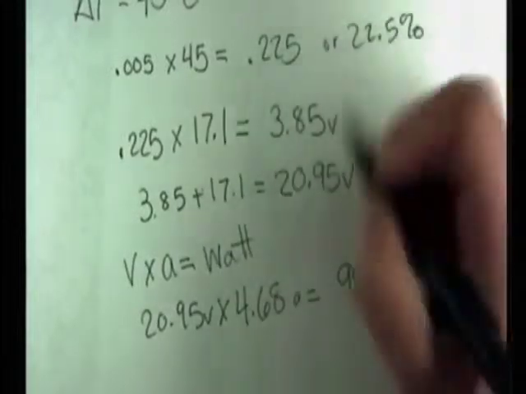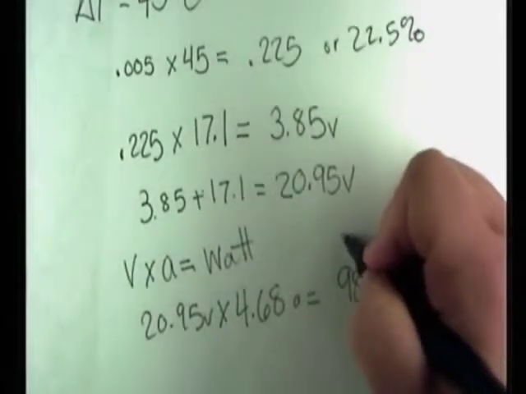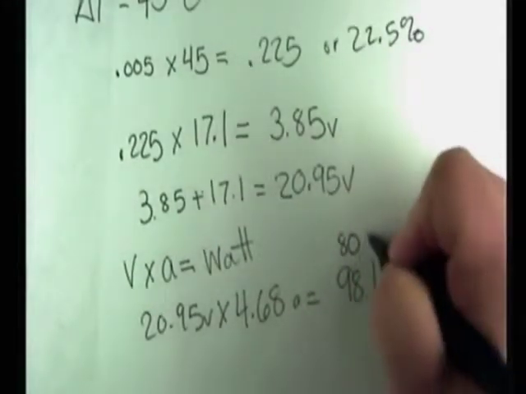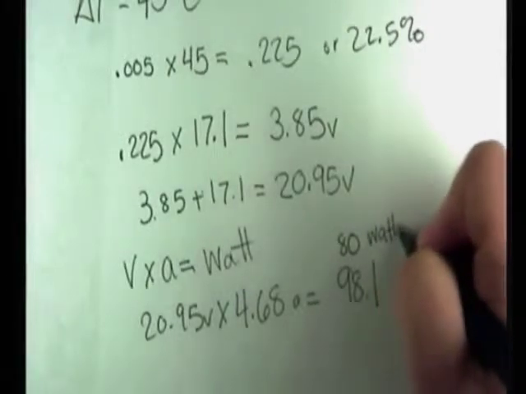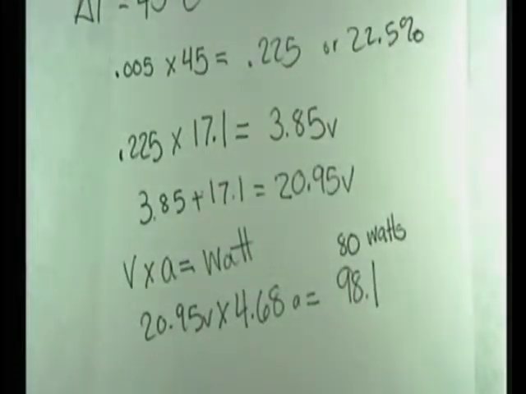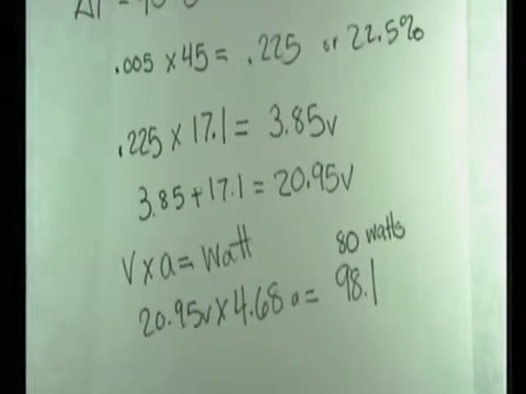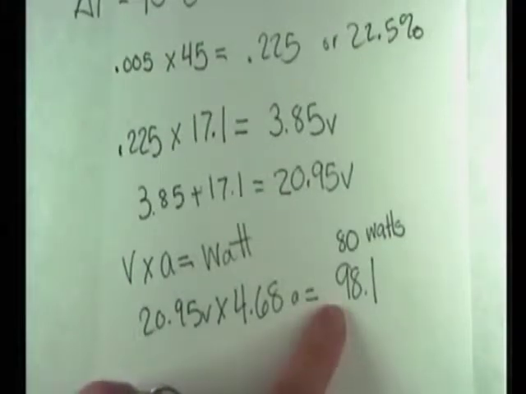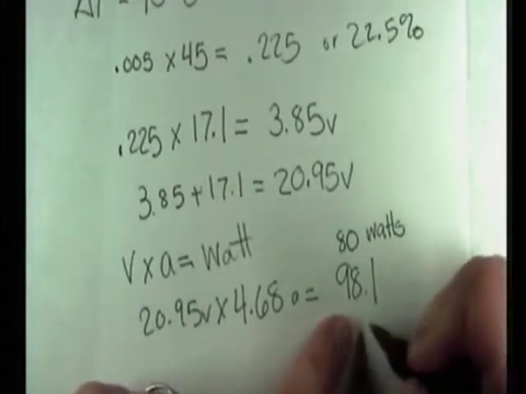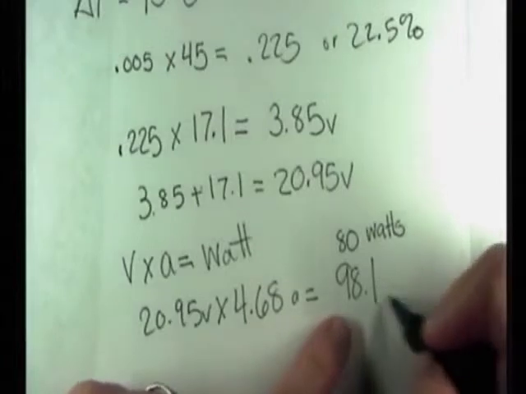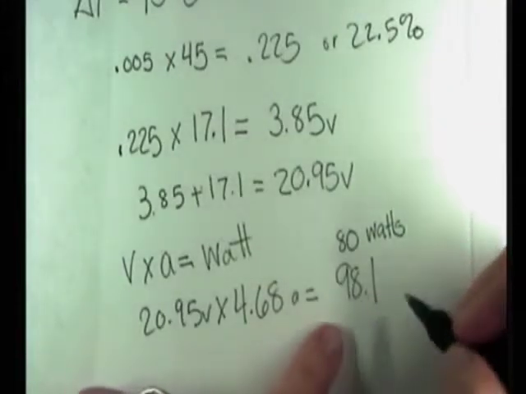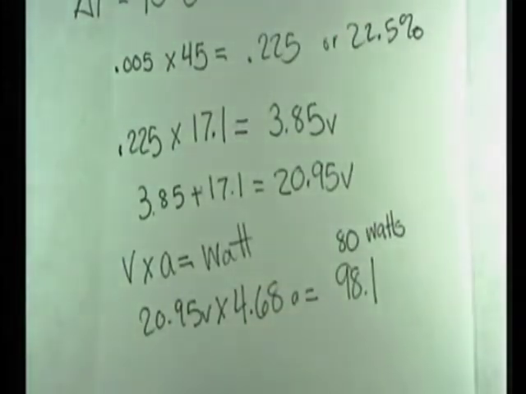So this was a solar panel that was producing 80 watts. So at any given time, this solar panel at 25 degrees Celsius could produce 80 watts. If we brought the temperature down to negative 20 degrees Celsius, suddenly the efficiency of that panel went up to producing 98.1 watts. How many old-fashioned light bulbs could you run on that?